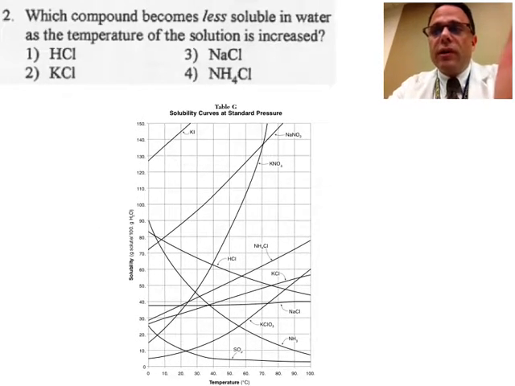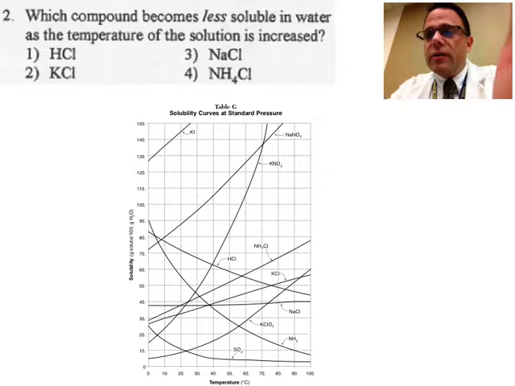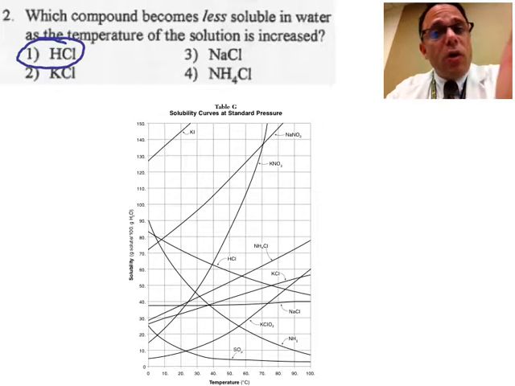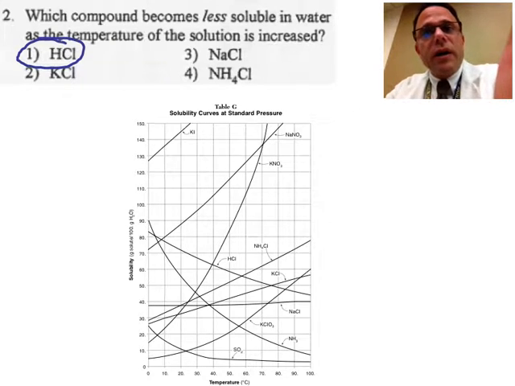So which one of these, as you increase the temperature, the line decreases? So is it HCl, KCl? Wait. This is the same question, same choices. We've got to choose number 1 once again. But be cautious. Other questions might ask you which one increases solubility.